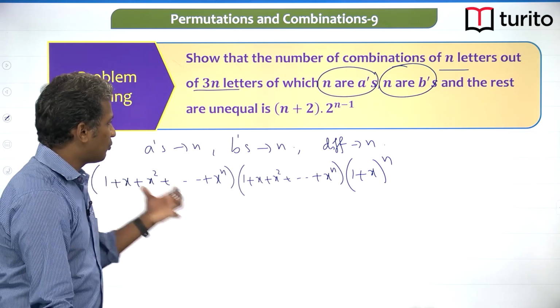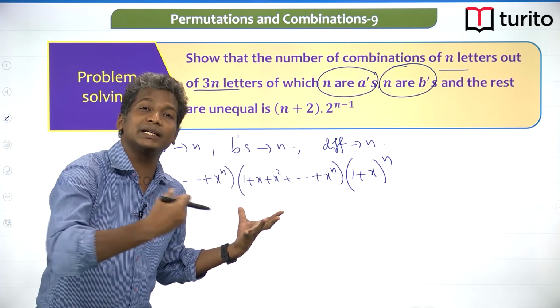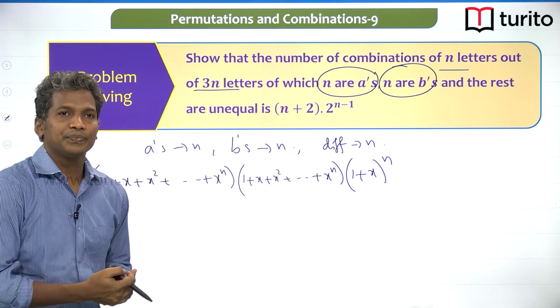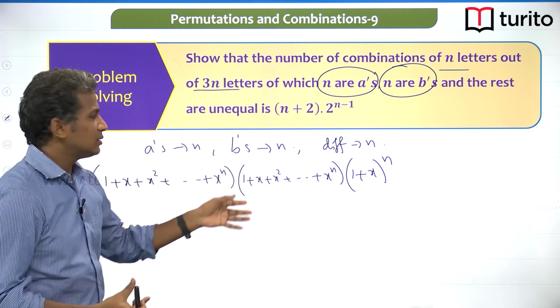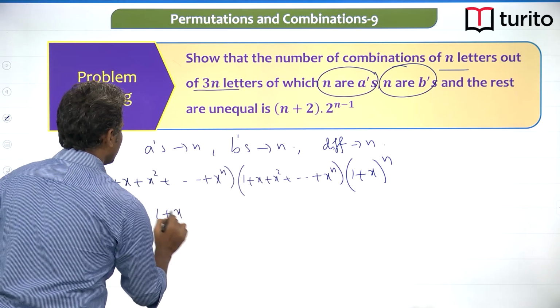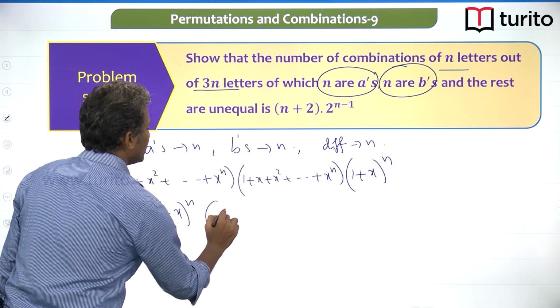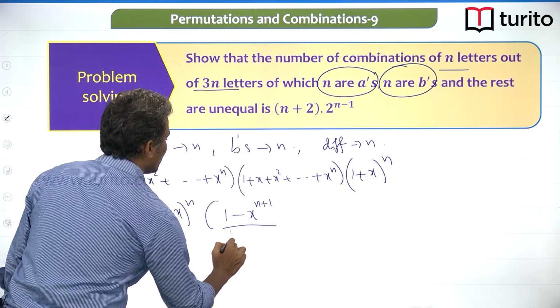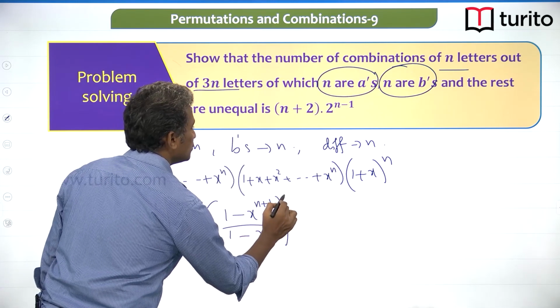So now what is our goal? Our goal is to collect the coefficient of x raised to n from this expansion. So we will be writing two ideas here. One is 1 plus x whole raised to n, and here we are having 1 minus x raised to n plus 1 by 1 minus x whole raised to 2.